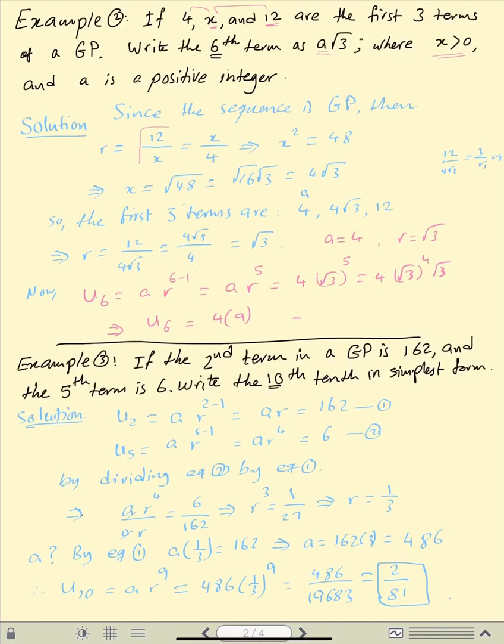Each of these two values is r, the ratio. How do we do this? By cross multiplying. X times x, x squared, equals 12 times 4, which is 48. So x equals the square root of 48, which is 4 radical 3 in the simplest form. So the first three terms are 4, 4 radical 3, and 12. Replace x by its value.